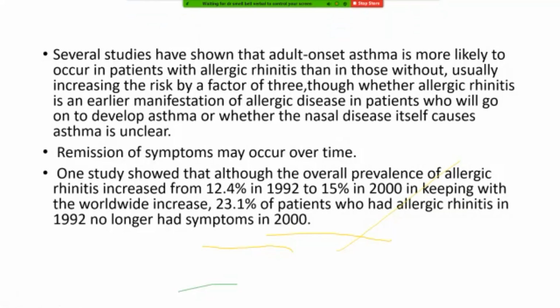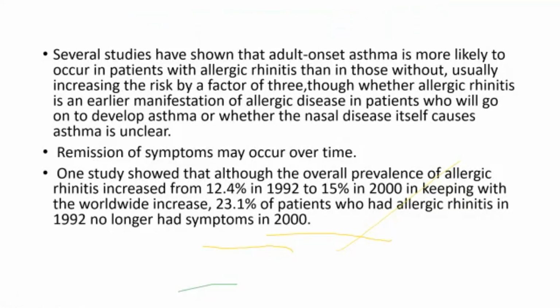Remission of symptoms may occur over time. One study showed that although the overall prevalence of allergic rhinitis increased from 12.4% in 1992 to 15% in 2000, in keeping with the worldwide increase, 23.1% of patients who had allergic rhinitis in 1992 no longer had symptoms in 2000. So this is all about the studies.